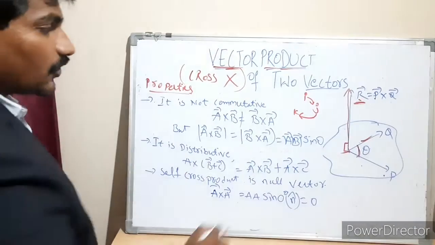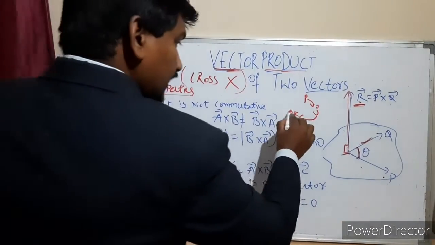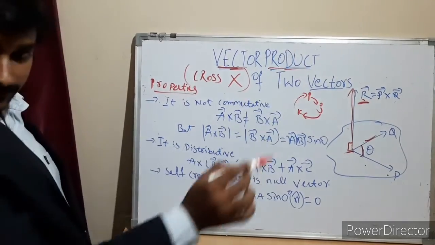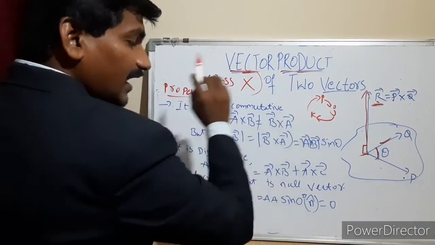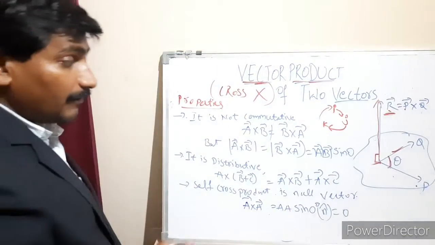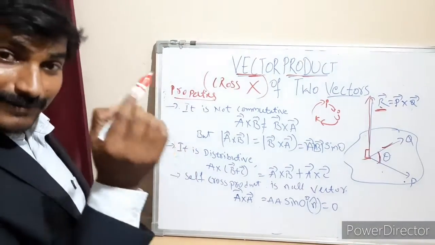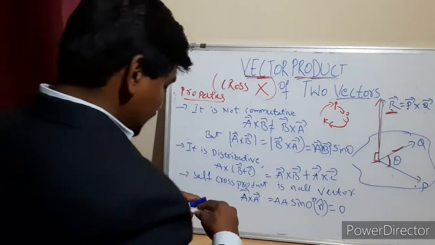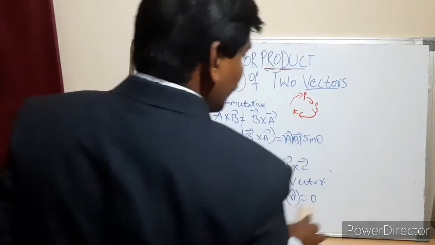If you do the cross product of j with k, you will get i. This is in a clockwise direction. If you do k cross i, you will get the result j. But if you do j cross i, you will get the opposite direction, minus k. With respect to that, we can explain the most important properties of the cross product.